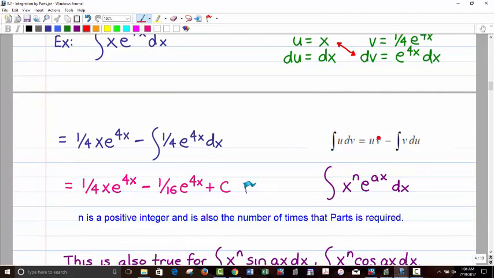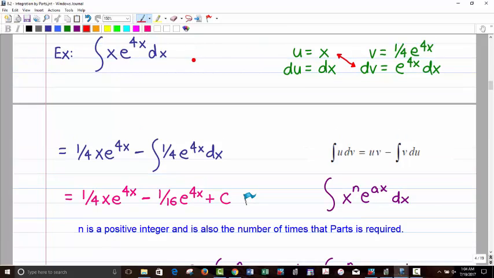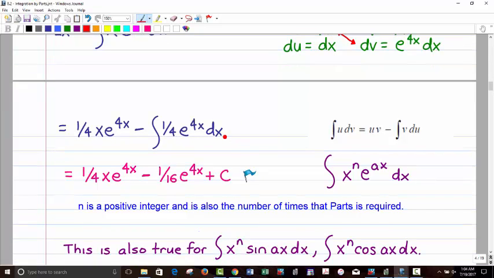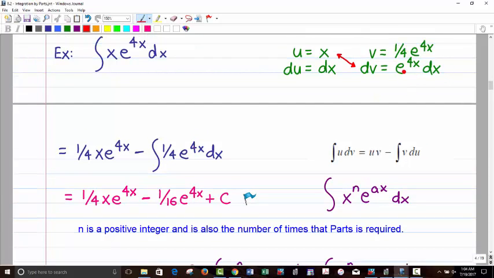So we're going to piece it together using the formula right here for integration by parts. And I just kind of drew the arrow again to show that those two things multiplied together do equal my original integral. So here we have 1/4 x e to the 4x minus 1/4 times the integral of e to the 4x dx. So the 1/4 can come out or stay there, because now the only thing you have to do is take the antiderivative of just e to the 4x, which we've already done right there.